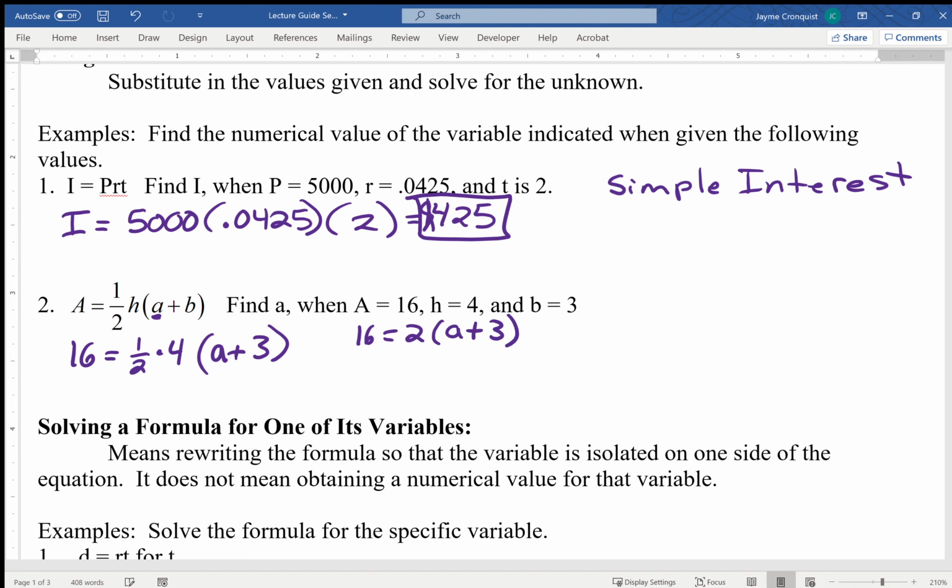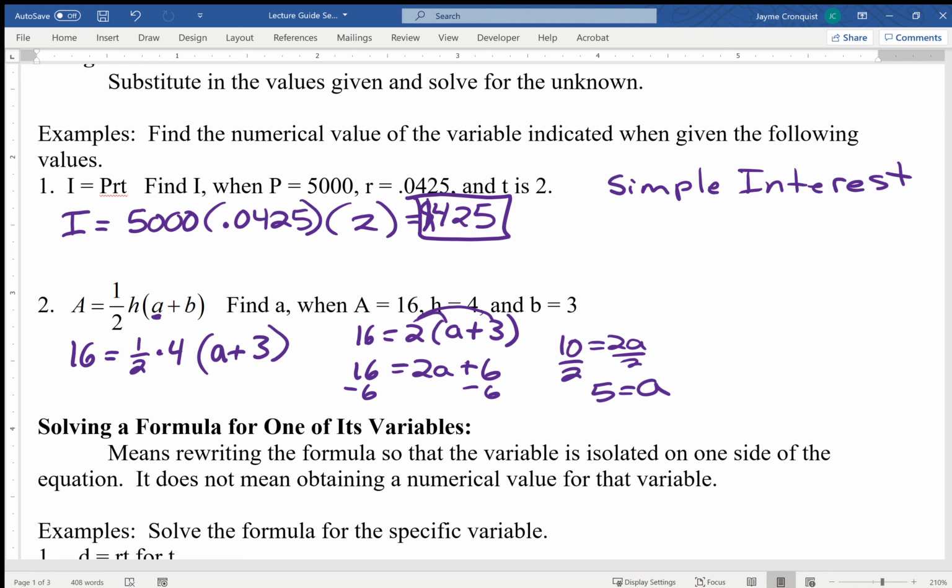Now, we can multiply the 2 in. Yeah, that's kind of what we've learned to do, so let's do that. 16 equals 2a plus 6. Don't forget, we have to do it to both terms. I'm going to subtract the 6. I have 10 equals 2a. Divide the 2. 5 is a.